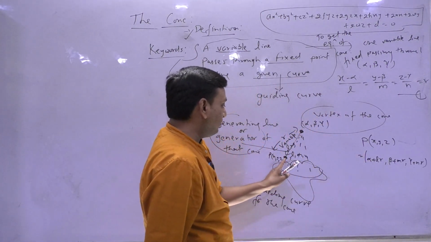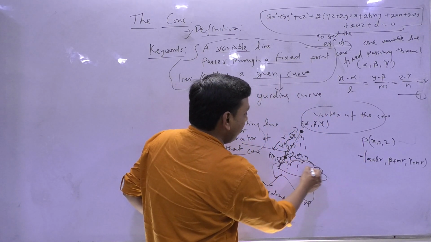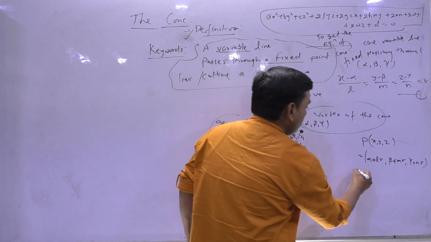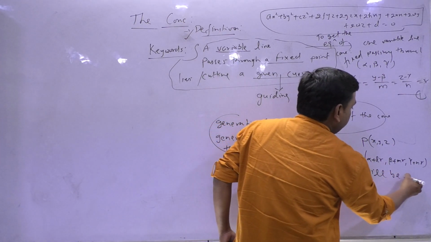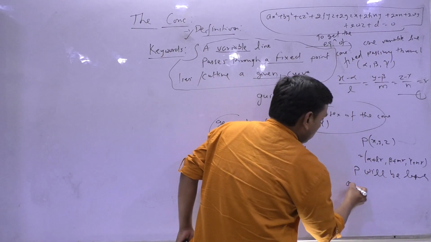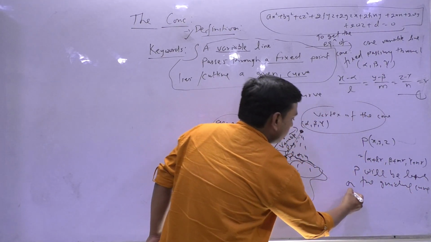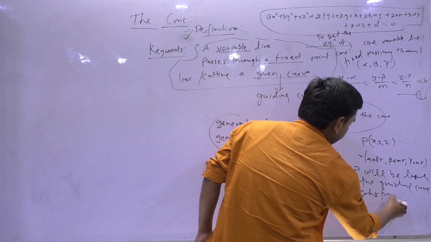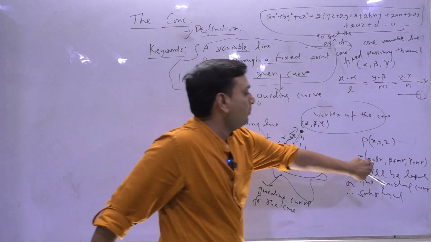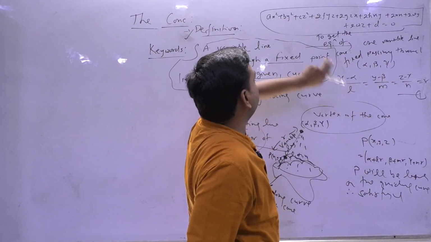Now this P will be lying on this guiding curve or not? P will be lying on the guiding curve, so it must satisfy it. Means I will put alpha plus lr in the equation.